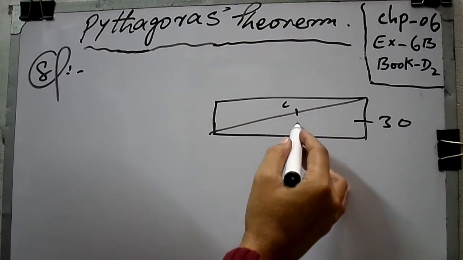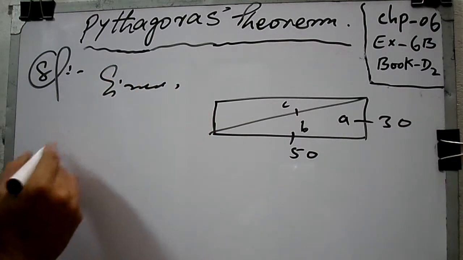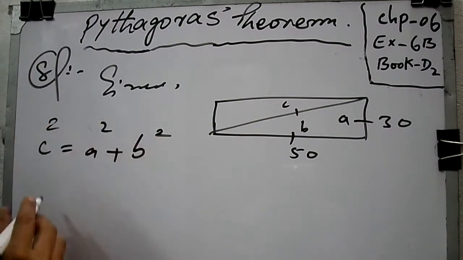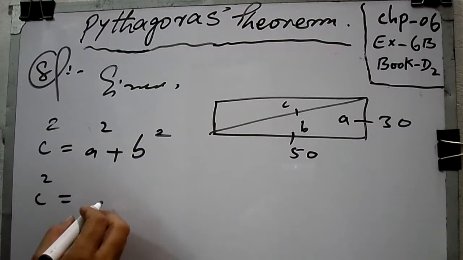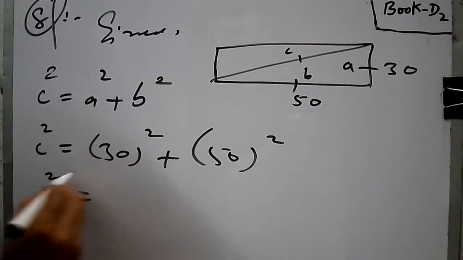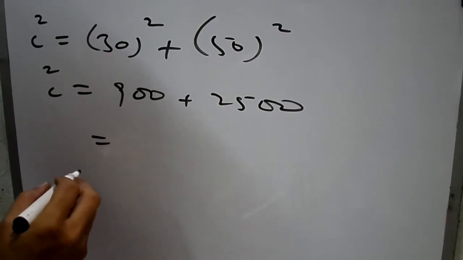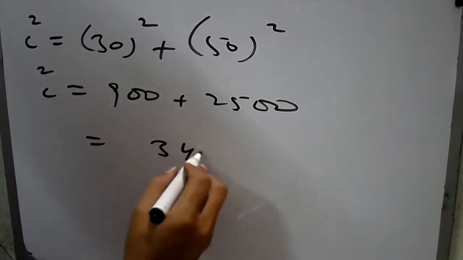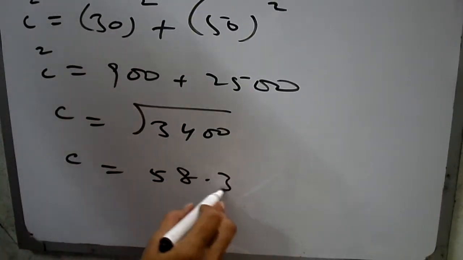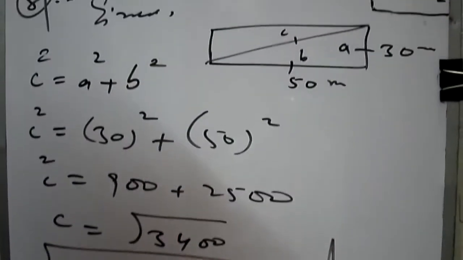Here is your C, that is your base B, that is your altitude A. Since by Pythagoras theorem, C square is equal to A square plus B square. You can see here the value of A is 30 and the value of B is 50, square. So the value of C is the square root of 3400, if you need the value of C, that is 58.3 meter. So that is in meters. The answer is also in meters.